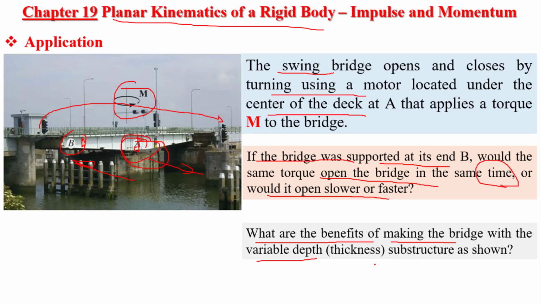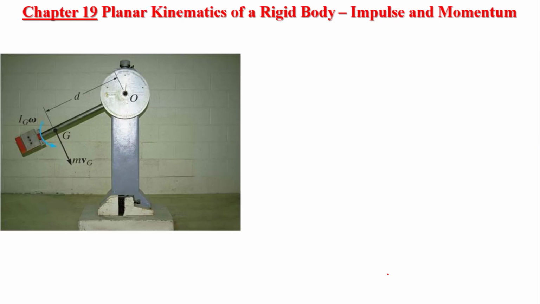As you remember, when we talk about shapes, we connect it to the mass moment of inertia I. So is there any role of I in determining the required moment or not? By the end of this chapter, you will be able to answer these questions.